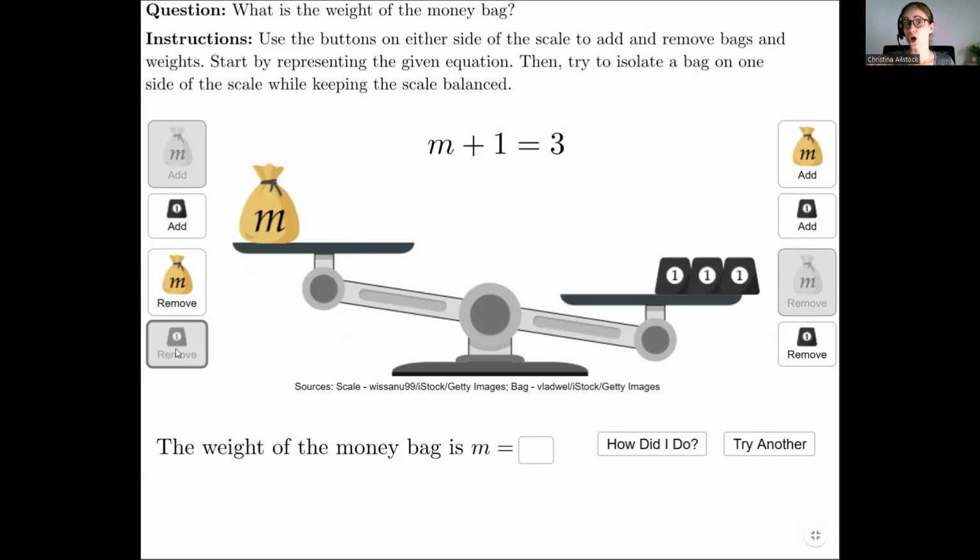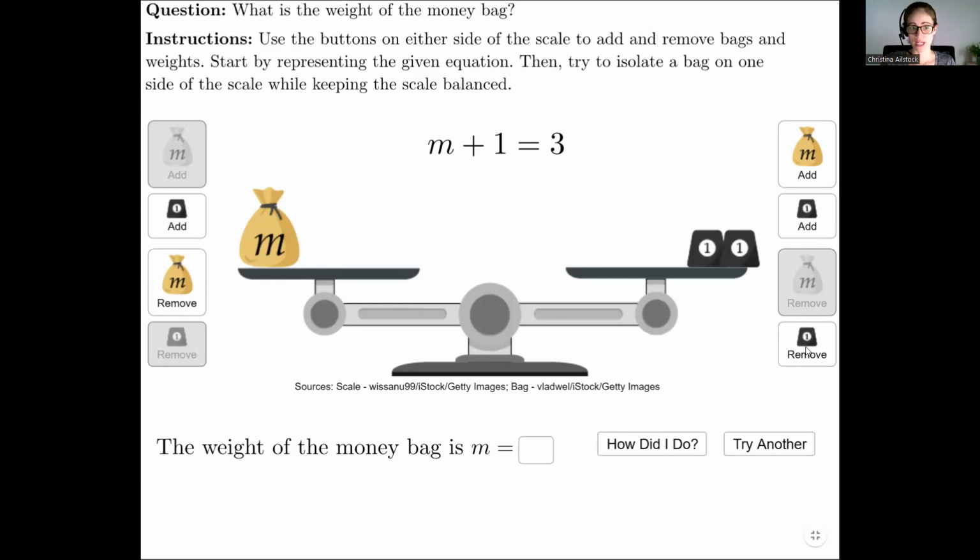So that means we would also need to subtract it from the other side, giving us a balanced equation and showing us that in order for this to be a true statement, our variable m must be the value of 2. And then the cool thing is this website shows you how that works mathematically down below. And you can always try a few more. There's not a ton of examples on here, but you could always use this and create your own if you like it.